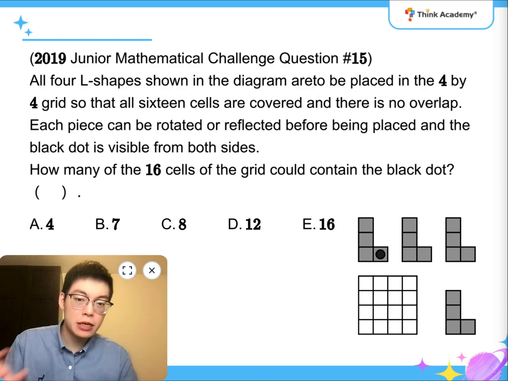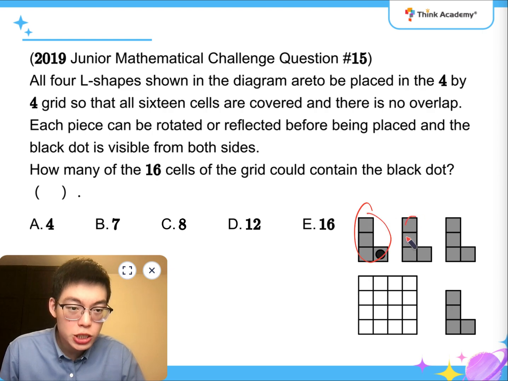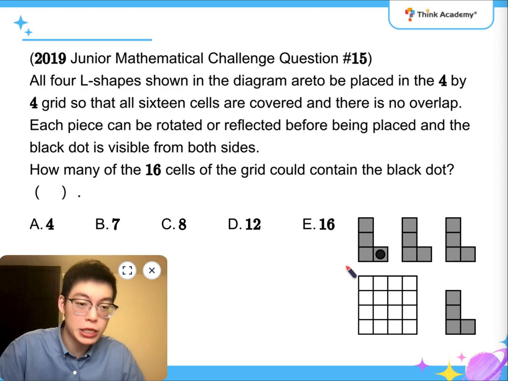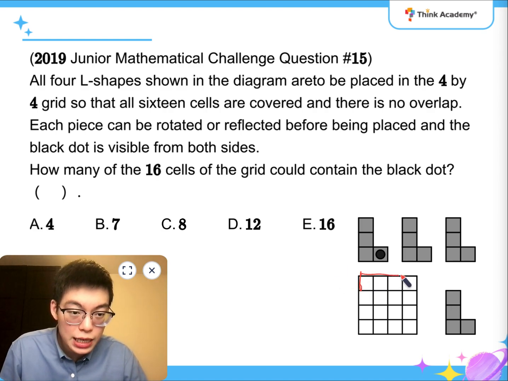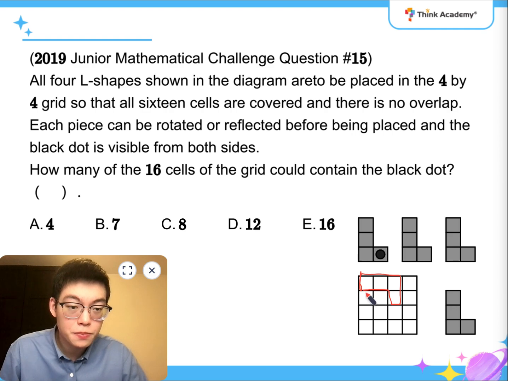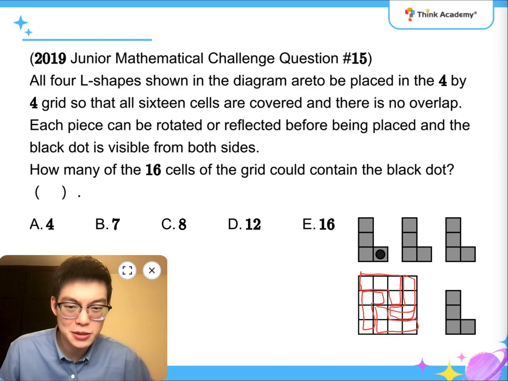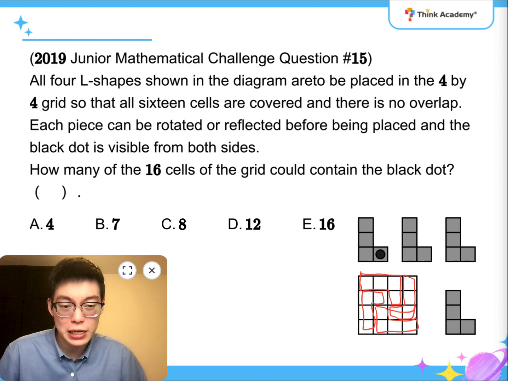Well, we know that for these 4 pieces, simply speaking, there are generally 2 different ways to arrange them. The first way is that I am putting all of them in a spiral way, such that it's kind of looking like the swastika, which is not really a good thing to know. But yeah, that's what's going to happen.